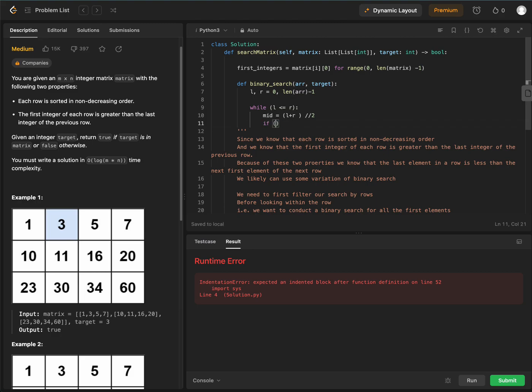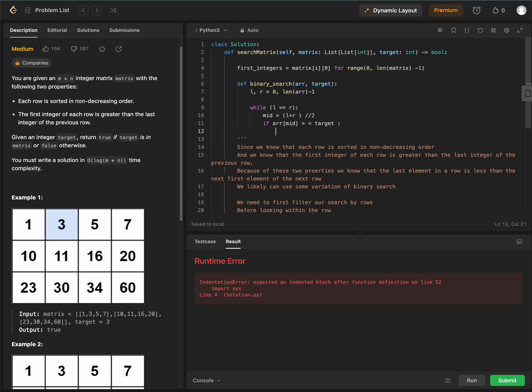If array of mid is greater than or equals to target, we want to move left.